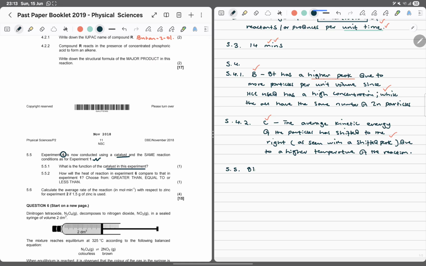So we will say it lowers the activation energy required for the reaction, resulting in a higher reaction rate than experiment 1. Can you see?